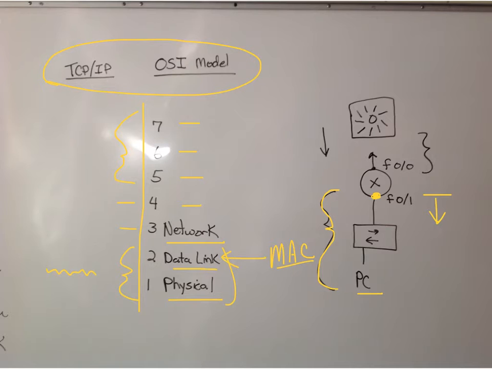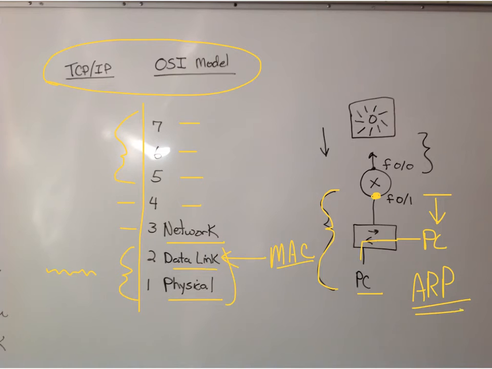Now we did talk about ARP briefly, address resolution protocol, where the computer, if you're using a MAC address, let's say to get to another PC here, you would use a MAC address to do that, but to actually ping these two, you would ping the IP address.